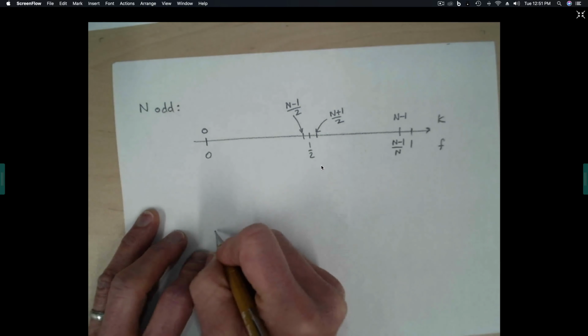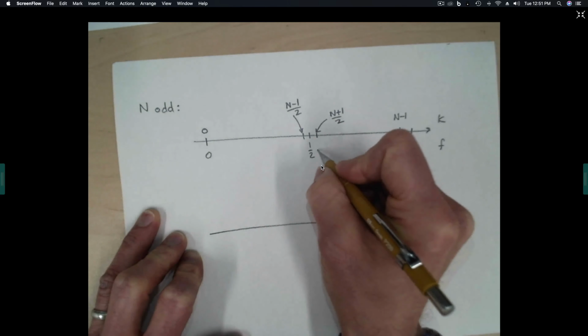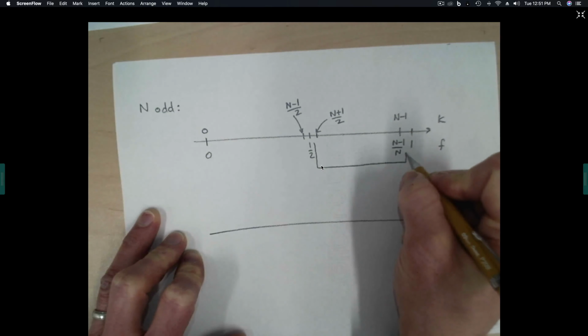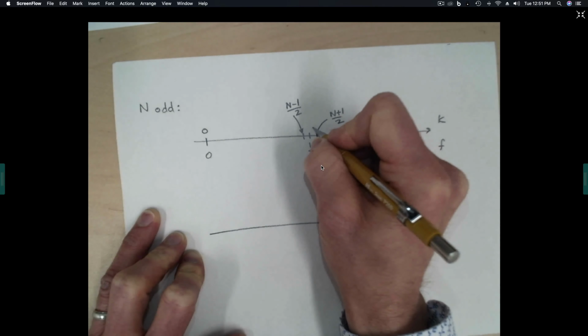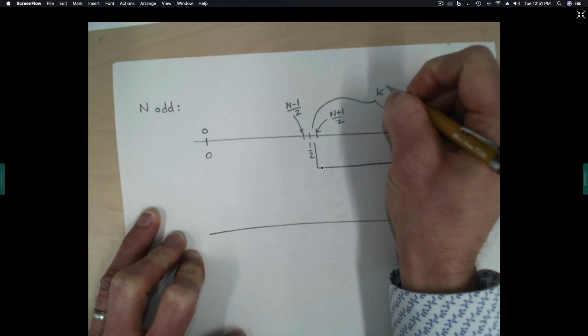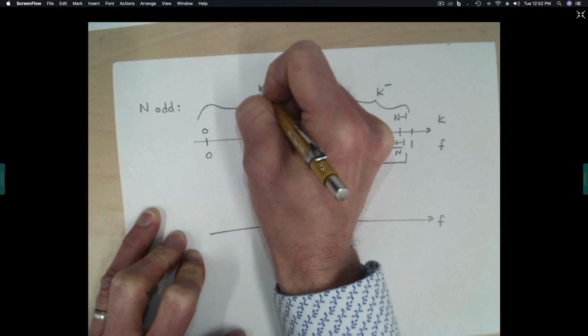So again, what we're going to do to construct our frequency vector is take all of these frequencies here, those are our negative frequencies. We'll call all of these corresponding bins k negative, and we'll call all of these up here k positive.